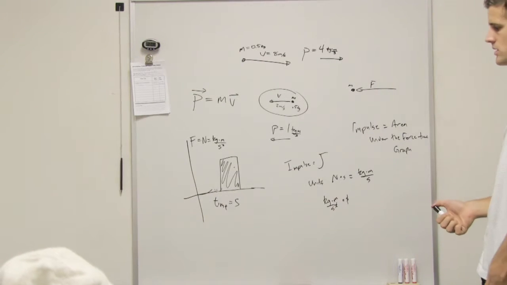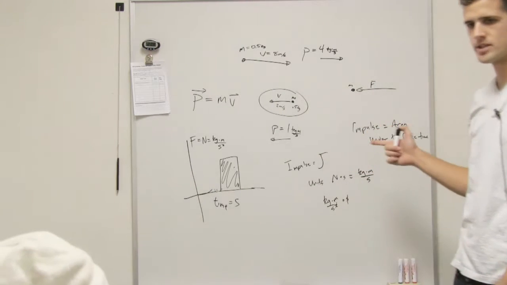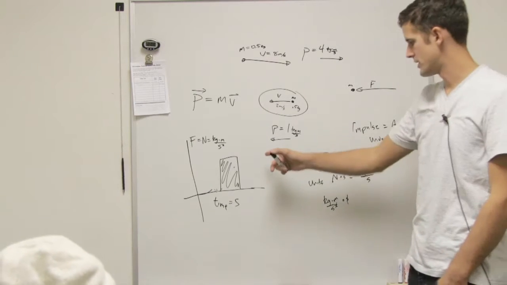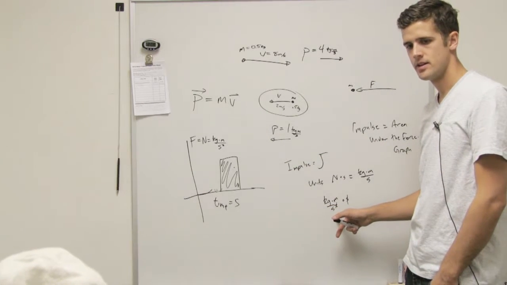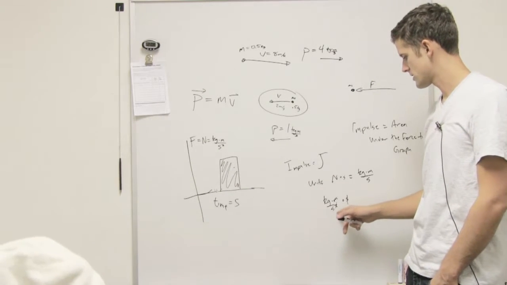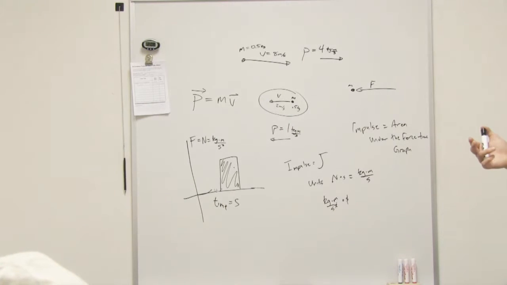Okay, so your impulse is in units of newtons times seconds, which would be a kilogram meter per second squared times a second. So then your seconds cancel, you end up with units of kilogram meters per second.